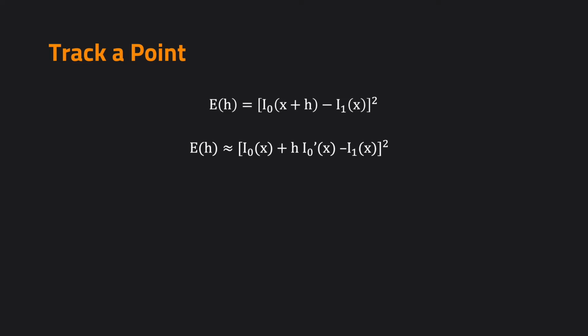This is basically the first order Taylor expansion, and we can use this Taylor expansion to approximate the energy function. This is not a perfect approximation, but later we will find again and again that this approximation has been widely used in image analysis, especially in tracking objects and understanding motion.